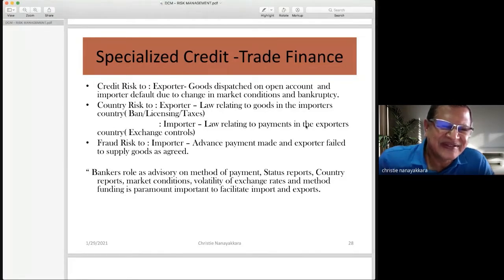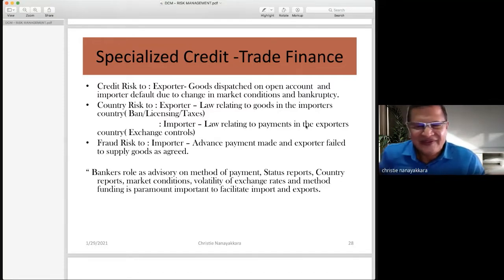So our structure for the importer will be a letter of credit limit, within which we give a revolving import limit. Our structure for the exporter will be a foreign bills purchase limit, within which we give him a packing credit line. So I hope you understand.